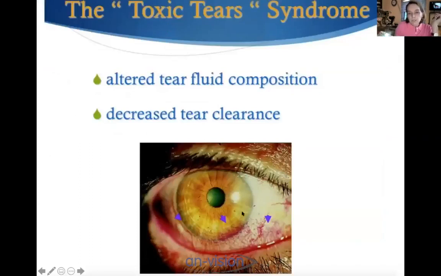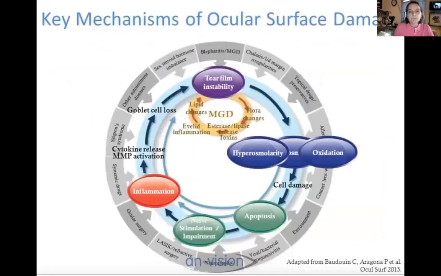This picture shows a human patient where the altered tears have actually caused some damage, and there's Bengal rose staining in the area where the toxic altered tears sit and make damage to cornea and conjunctiva.